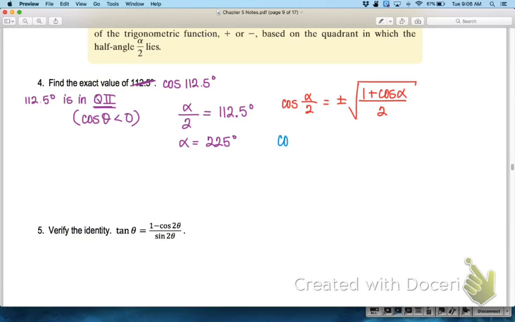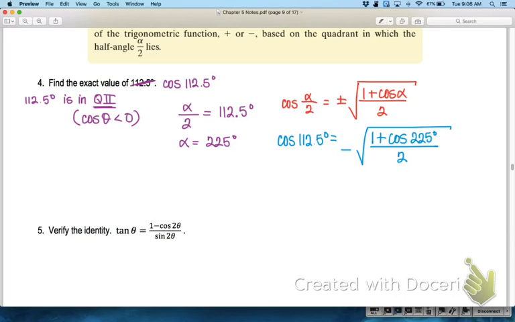So the cosine of 112.5 degrees is going to be equal to negative square root of 1 plus the cosine of alpha, which is 225 degrees, over 2. And we can evaluate that from there.